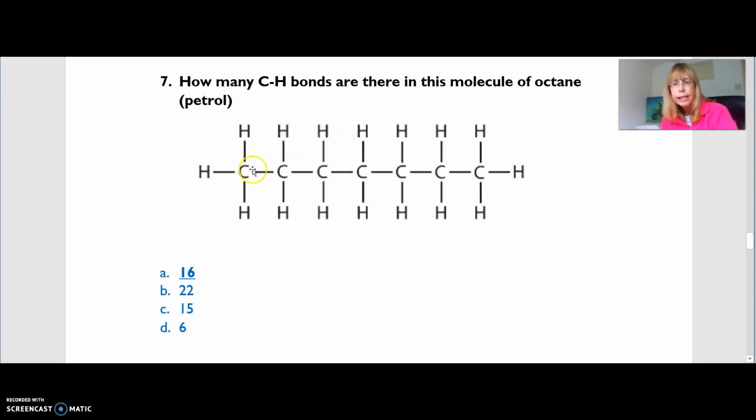We're not counting the ones between carbon and carbon. Remember, the bonds are represented by these lines, and because it's a single line, it's a single covalent bond. So, carbon-hydrogen, I've got 1, 2, 3, 4, 5, 6, 7, 8, 9, 10, 11, 12, 13, 14, 15, 16. So, there we have our answer.